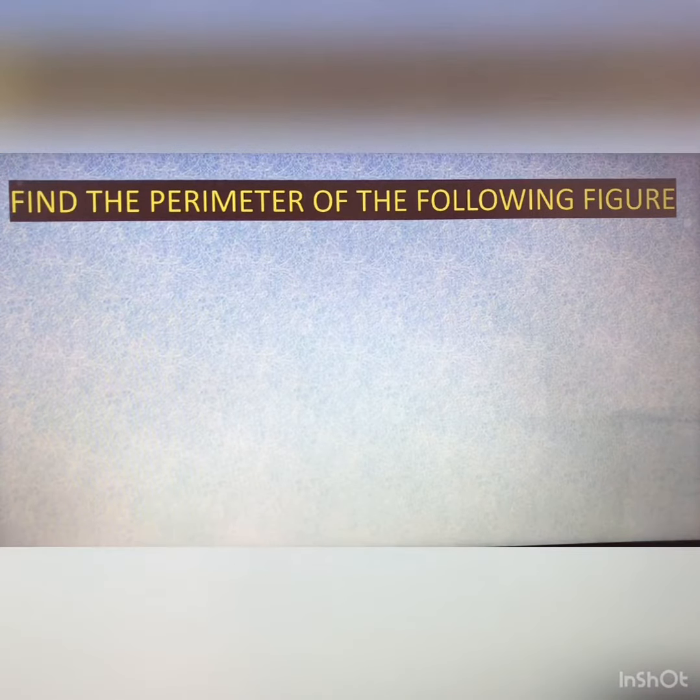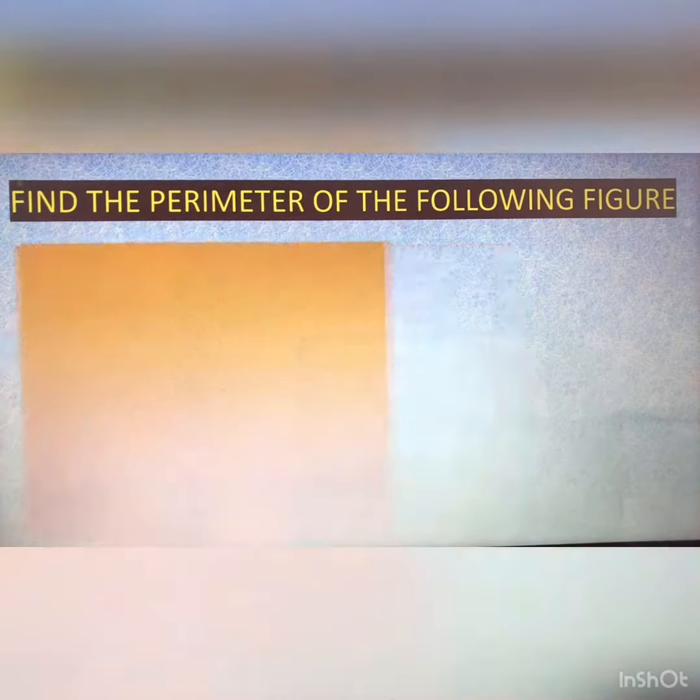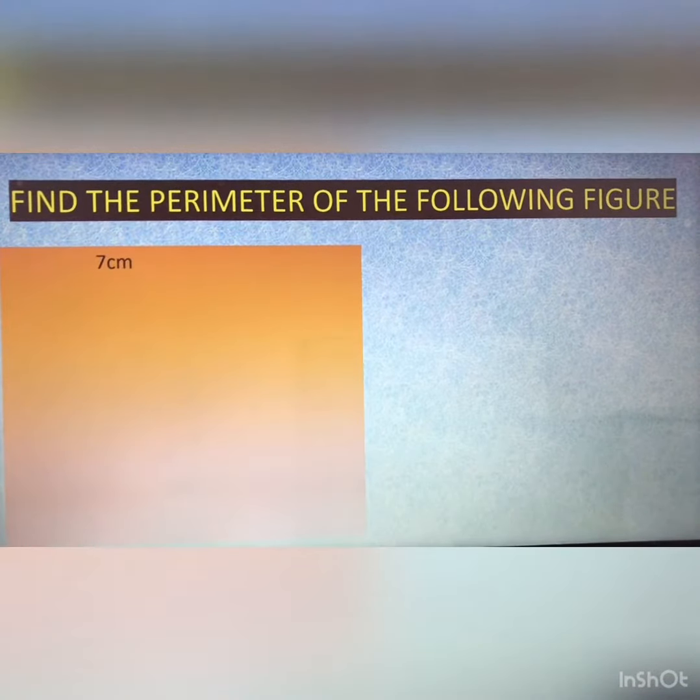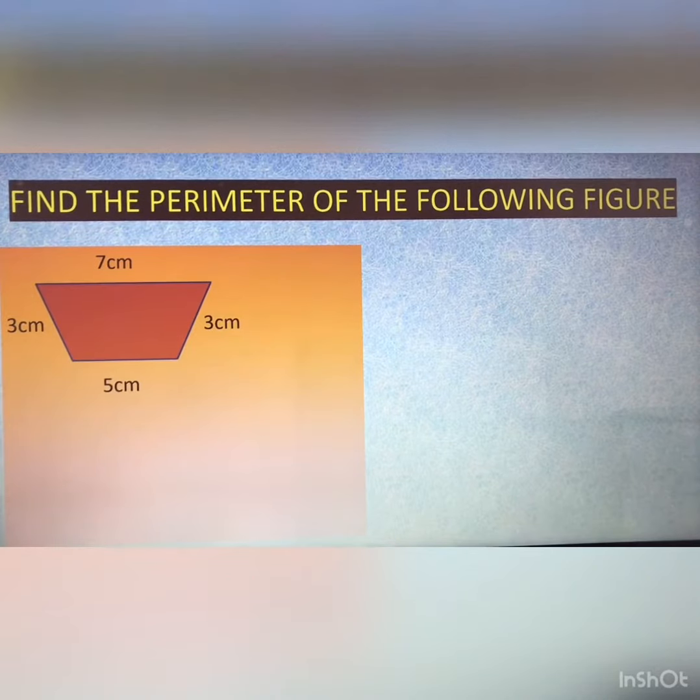Now find the perimeter of the following figure. Yes, you can see this is a geometrical shape, a trapezium. The measurements given are 7 centimeter, 3 centimeter, 5 centimeter and 3 centimeter.